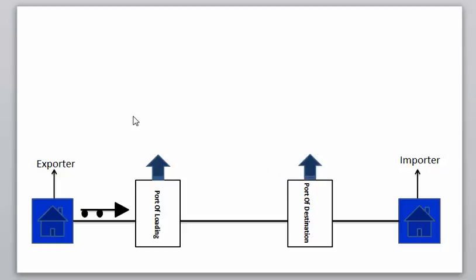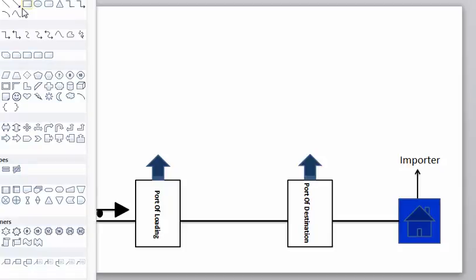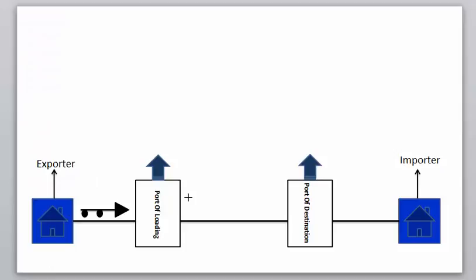Now this is where your work gets started. Can we actually double this? Okay, see, this is a transit. You understand now? Let's put a simple arrow over there.